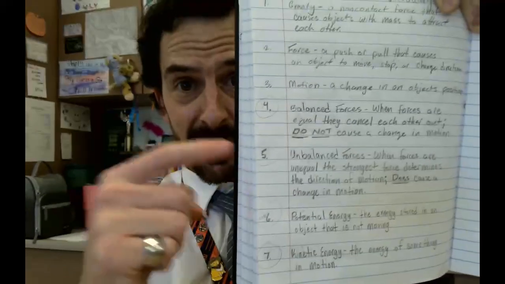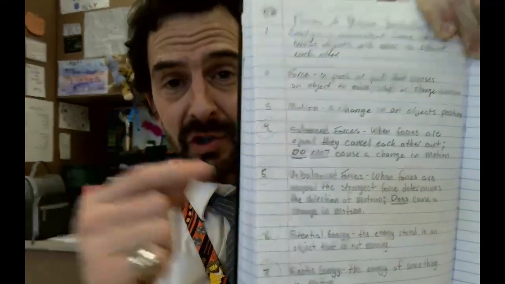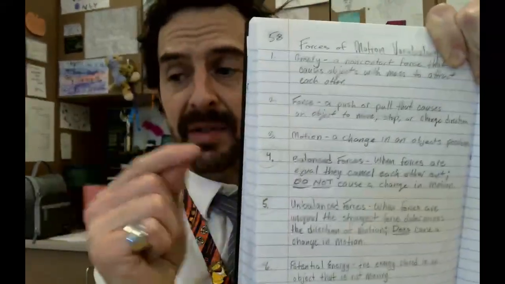In part 2, you have to decide whether each statement is showing kinetic or potential energy. And in part 3, you just have to match some vocabulary words to the definitions. The whole page is on these words, okay? So start learning them now, because you will be using them every single day.